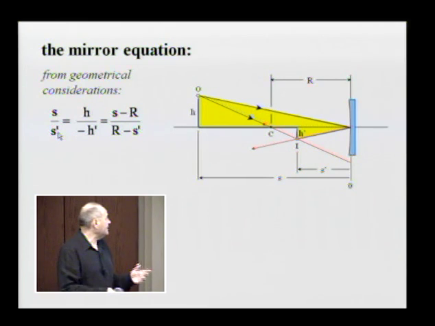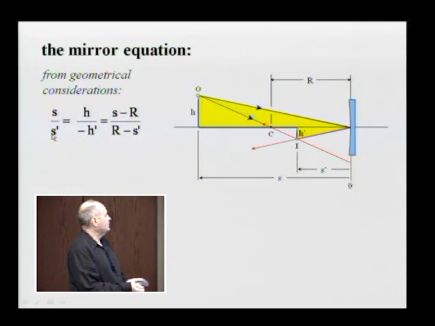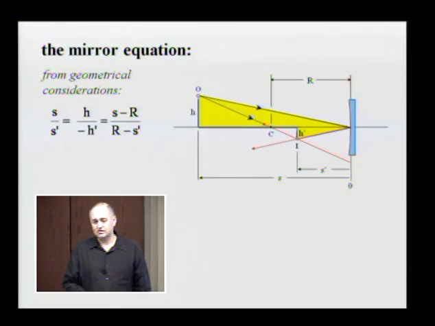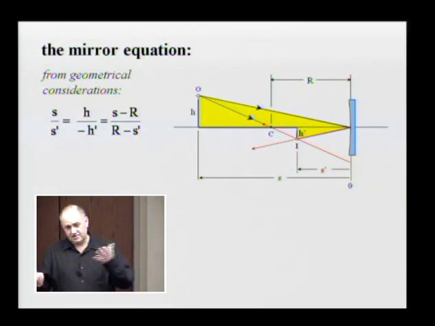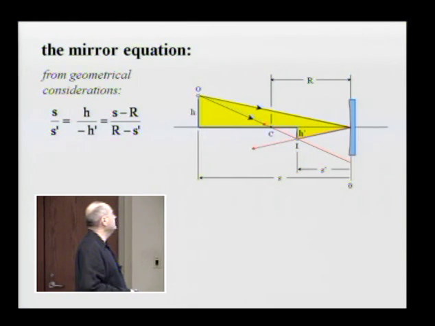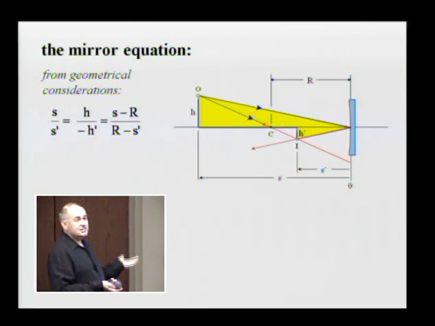And actually, if you get rid of this H over H prime here, we have an equation which relates the position of the object, the position of the image, and the radius of curvature of the mirror. We already have a mirror equation. This is as good as the one which is in the book. I don't even know if this form is more complicated or not, but let's see that they are equivalent.